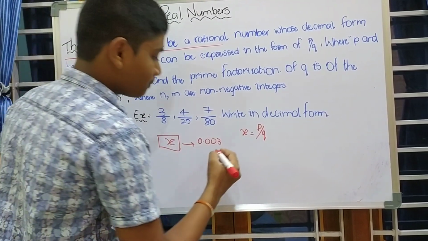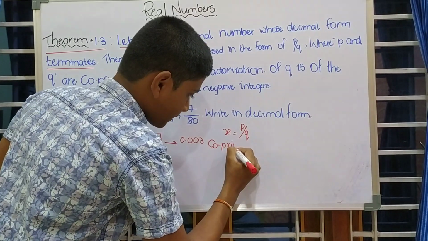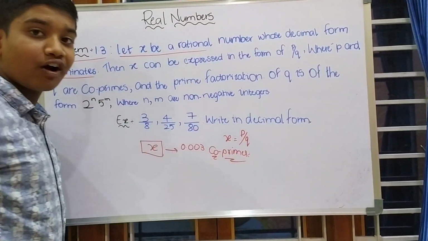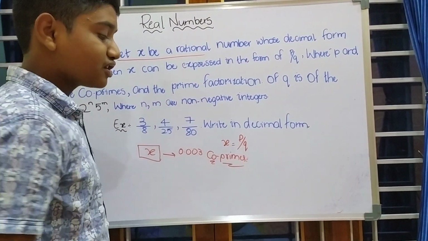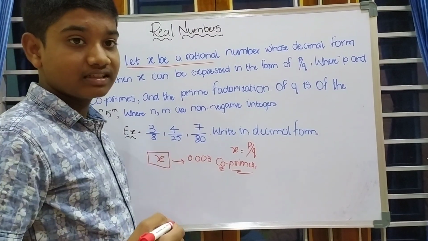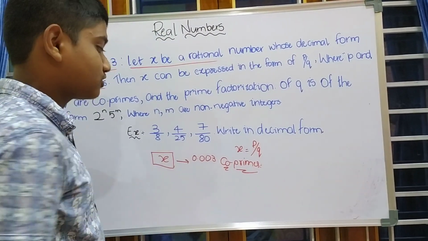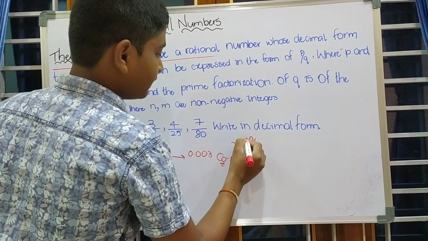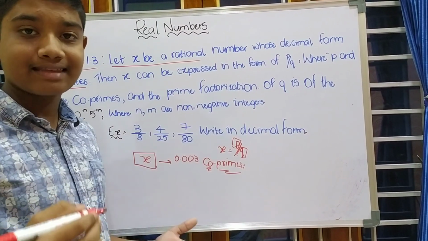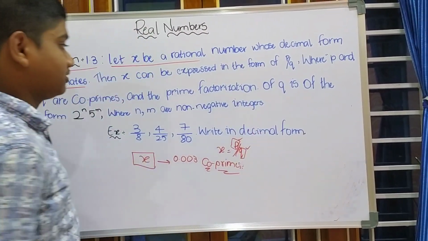What is meant by co-primes? The numbers which have one as the only common factor are known as co-primes. This p and q have only one as the common factor, so these are co-primes.